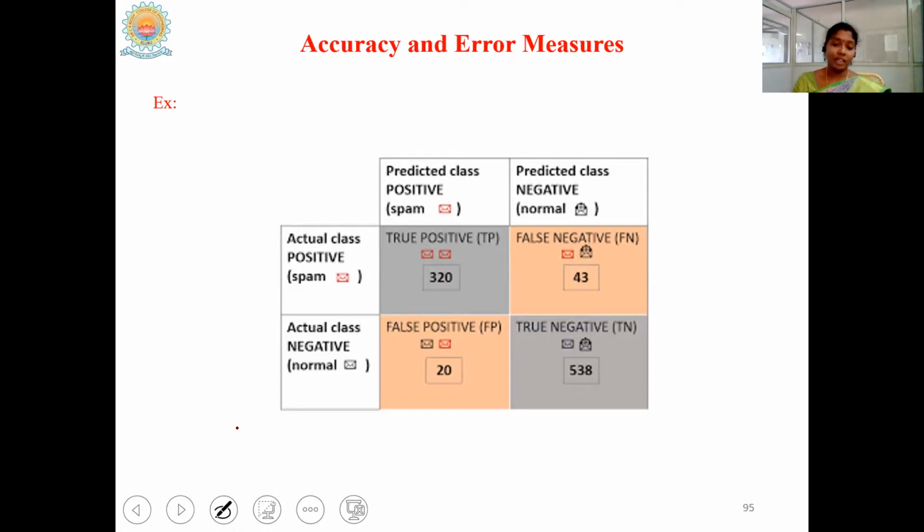Before entering into the confusion matrix, first we need to know how many total data elements are there in the data set. For that, you need to add all these values. Just add all these values and tell me the total figure.